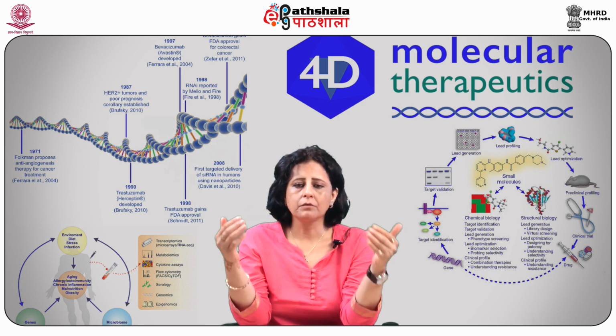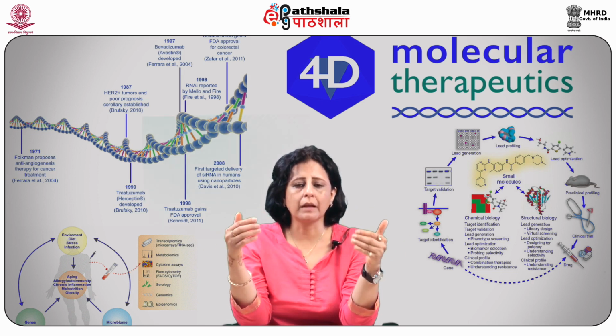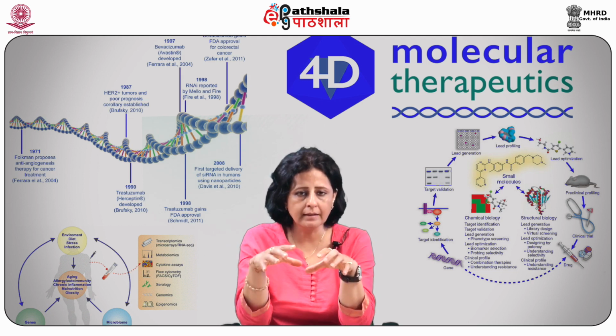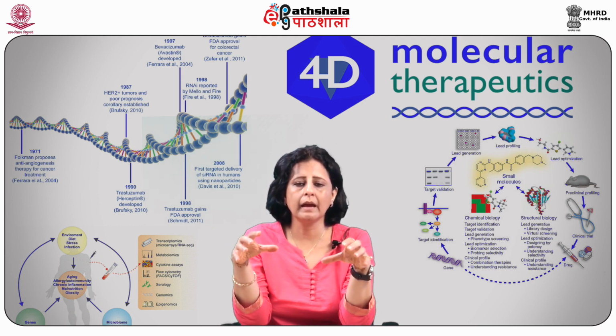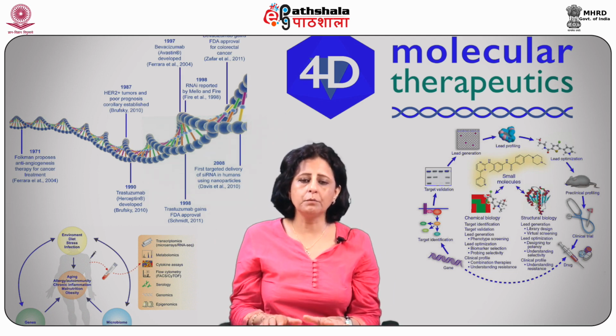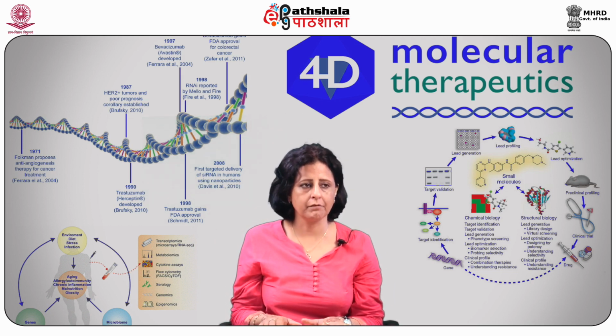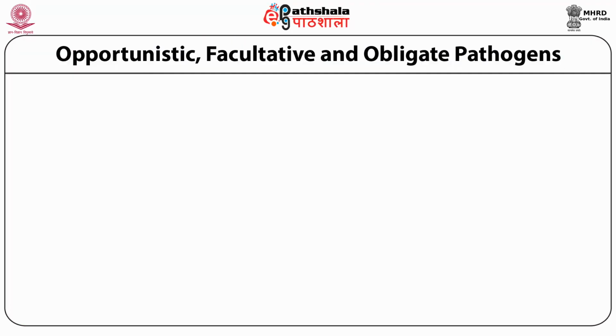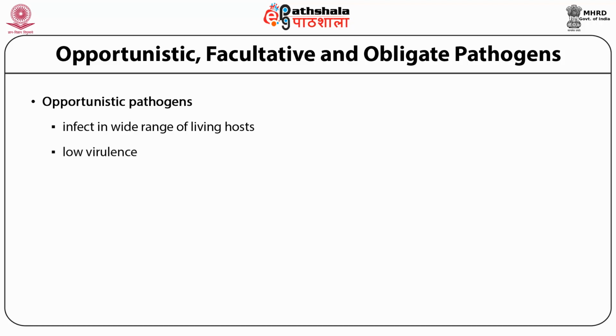Over the past few decades, different pathogens have been scrutinized microscopically, and information about their molecular mechanisms has contributed to the understanding of infection and disease. Opportunistic, facultative and obligate pathogens: there are different pathogens. Opportunistic pathogens infect a wide range of living hosts and have low virulence.